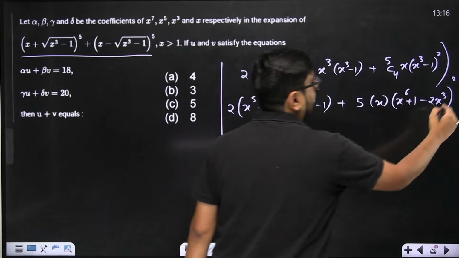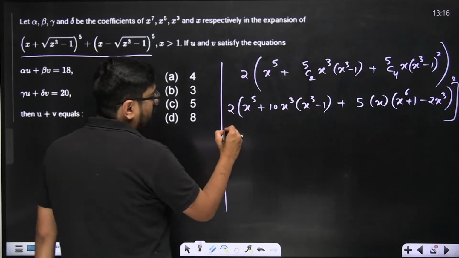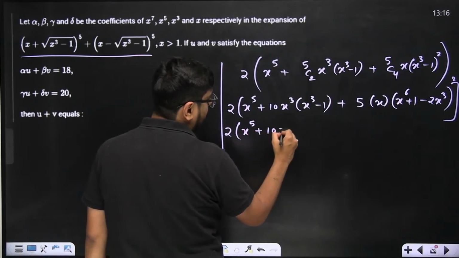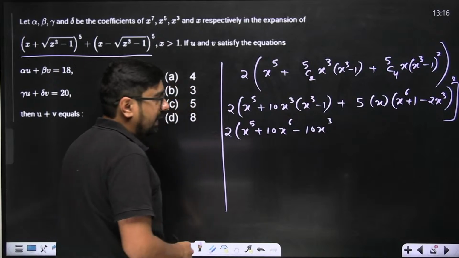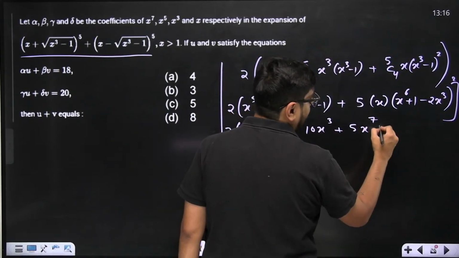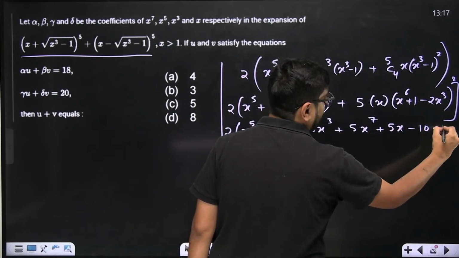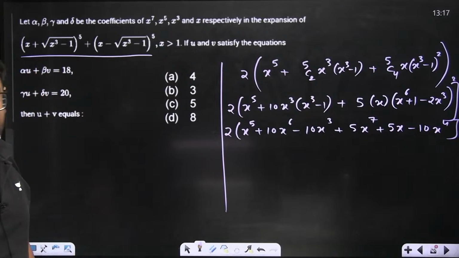Just expand and compare the coefficients you have. You'll simply get 2 multiplied with x to the power 5 plus 10 x to the power 6 minus 10 x cube, correct? Plus 5 x to the power 7 plus 5x minus 10 x to the power 4. This is what we are going to have, right?